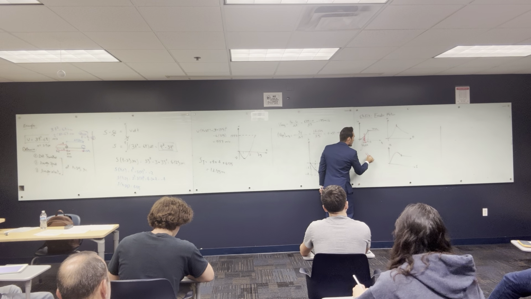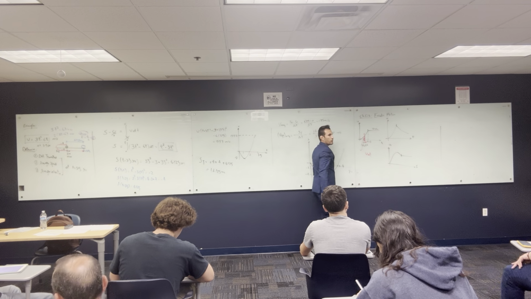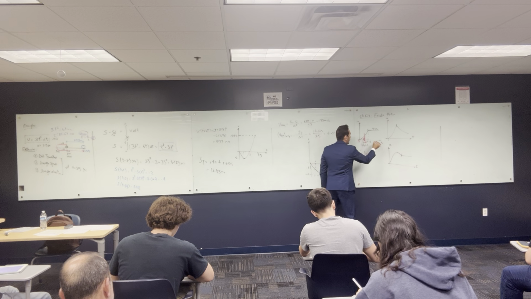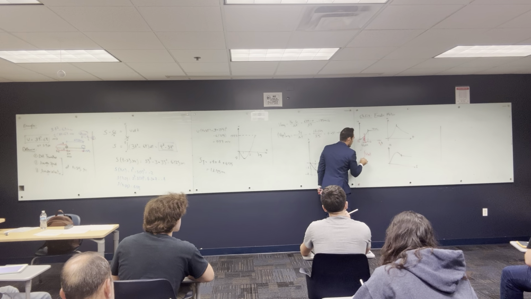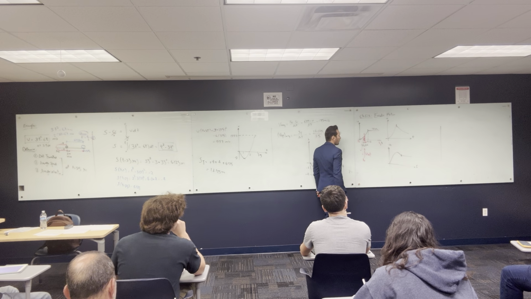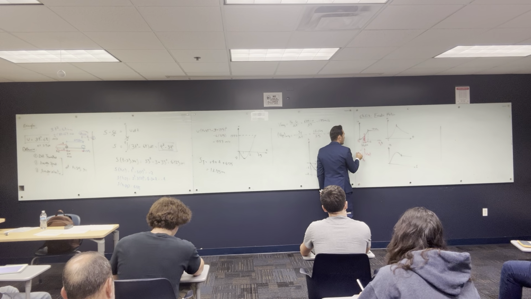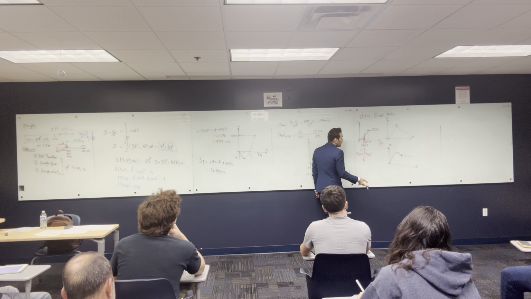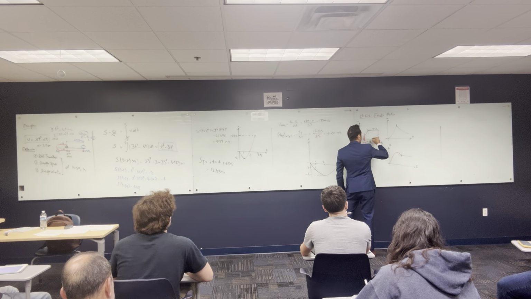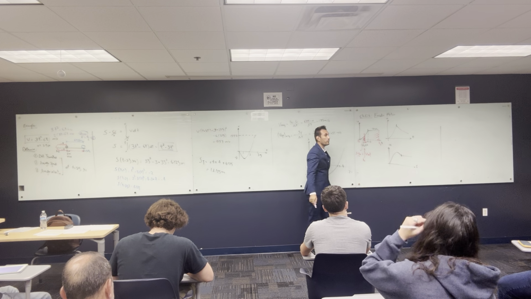So v dt is the area of this strip. If you integrate this from t equal to 0 up to t final, that gives you the area under this curve, and the area under this curve gives you s minus s naught. So basically, if you have the area under the curve, you can get the position.